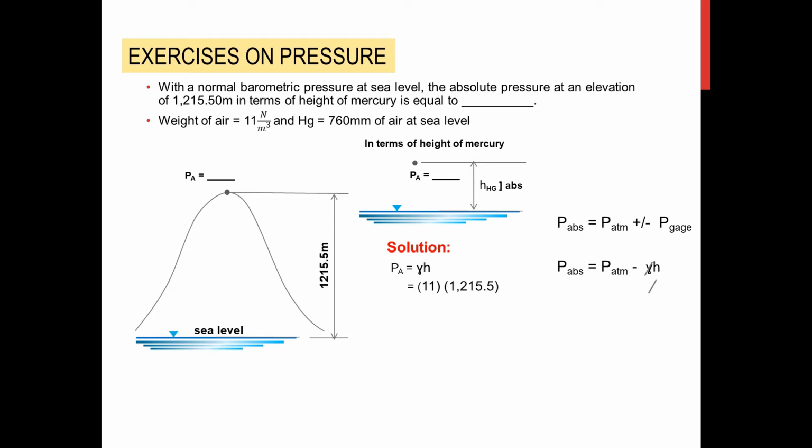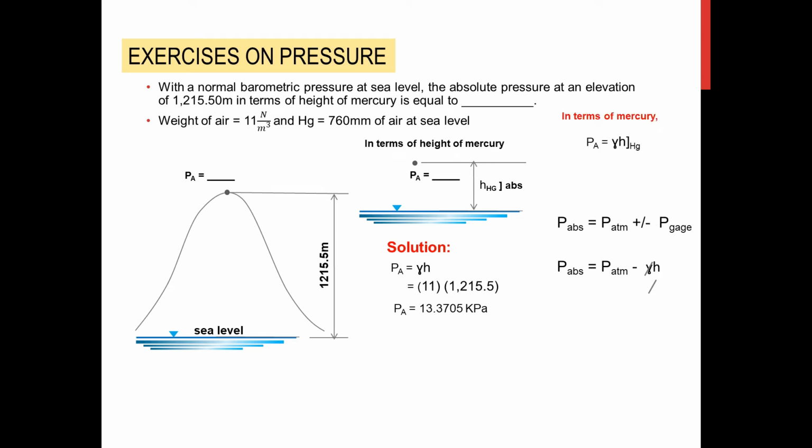We consider the weight of air, that is 11 times the given height 1215.5. Hence, the pressure at A given this height with the weight of air will be equal to 13.3705 kilopascals.